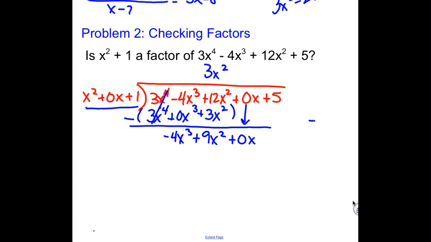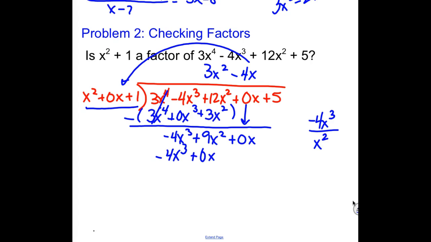Take your negative 4x cubed. Divide out your x squared. What do we have left over? Okay. The negative 4x goes up on top as part of my quotient. I multiply it to that whole trinomial, which gets me negative 4x cubed. It gets me 0x squared, and it ends up being a negative 4x for that column.